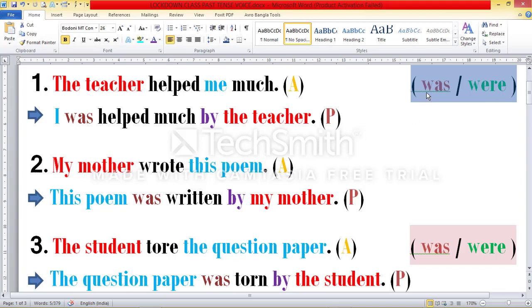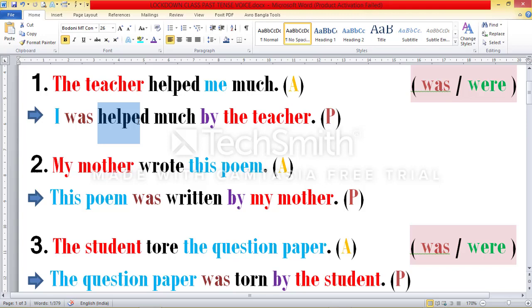Here, in this sentence, was will come after I. So, was has come. Then, we have to go to the main verb, help. And here we have to write the third form of the verb. The third form of the verb help is helped.